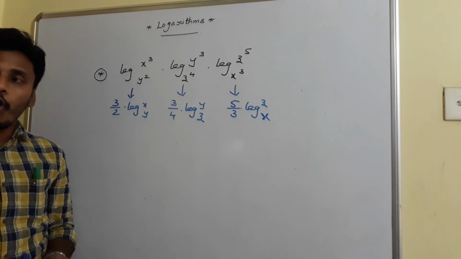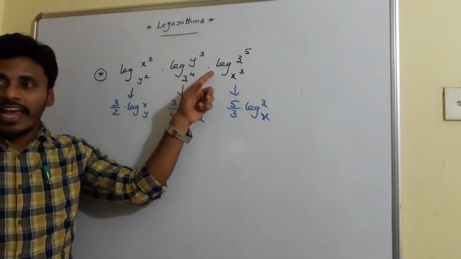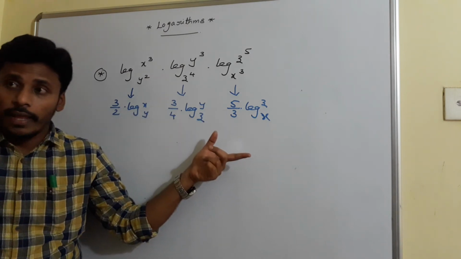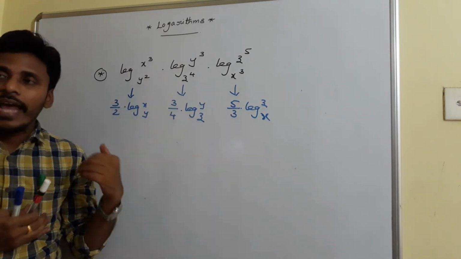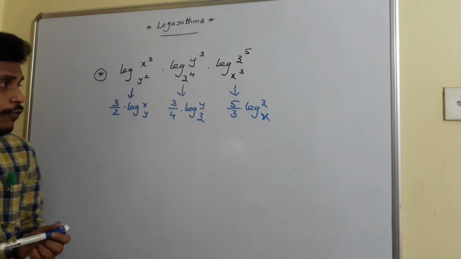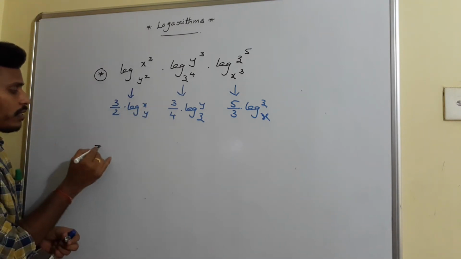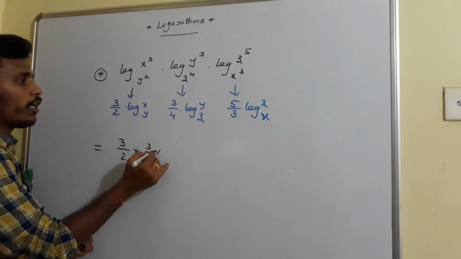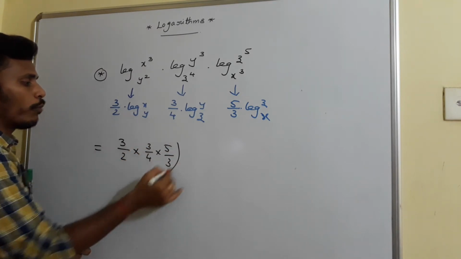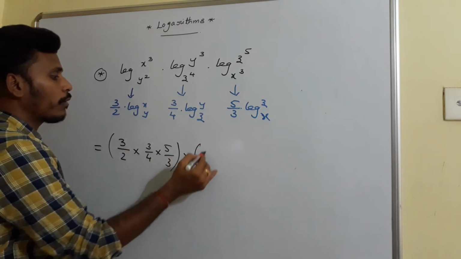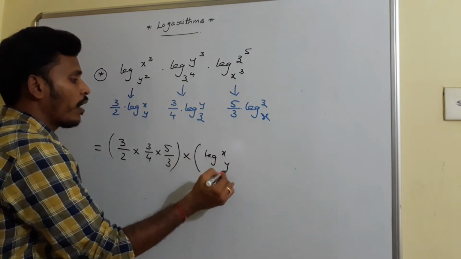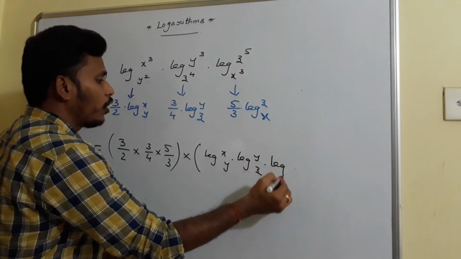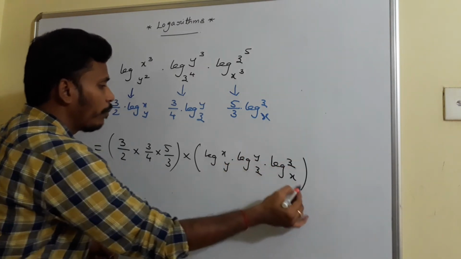In the problem itself, they mentioned a multiplication sign between the logarithms. So you need to multiply these three. To multiply, you just separate the numerical part as well as the logarithmic part. If you separate it like this, it becomes 3 by 2 into 3 by 4 into 5 by 3 as the numerical part, into the logarithmic part, which is logarithm of x base y into logarithm of y base z into logarithm of z base x.